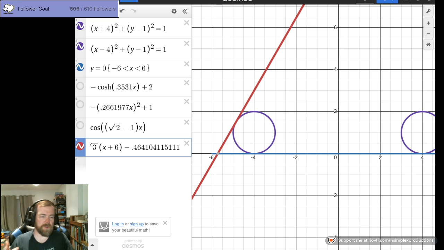So if we do something like this, we'll end up getting a pretty decent approximation. We could also mess around with just having it be root 3x plus whatever we're going to get in order to make this tangent show up. Again, approximate values, but this is also an important point.